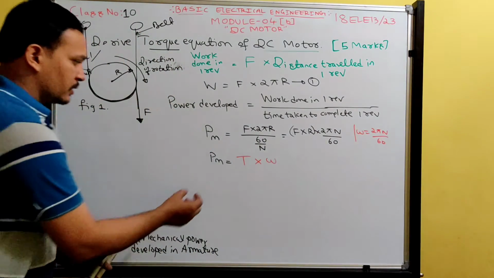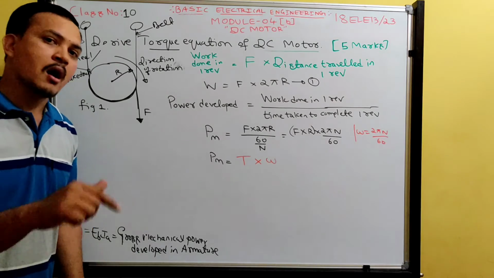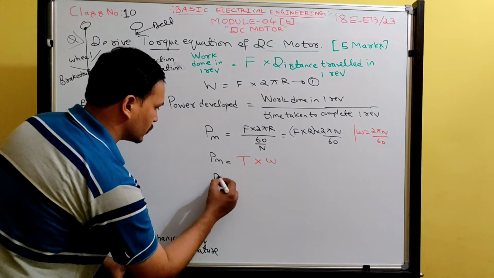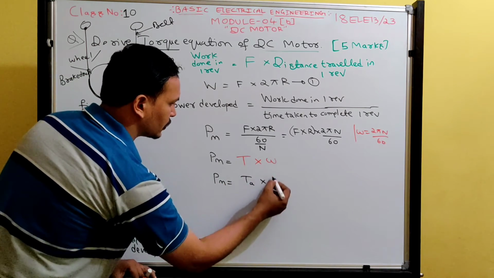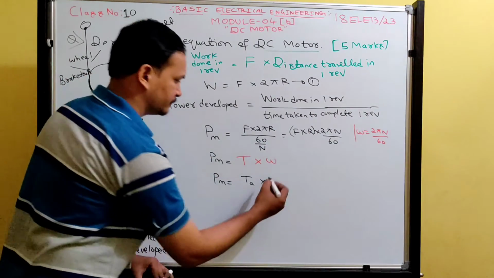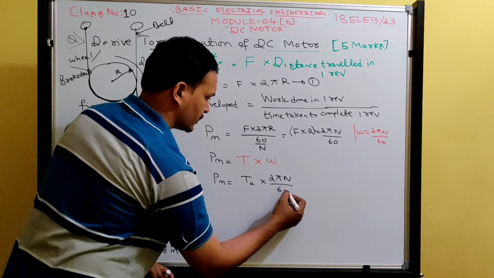Now, this gross mechanical power is developed in the armature, so I am modifying this equation: Pm is equal to armature torque into omega, that is, 2 pi n by 60.